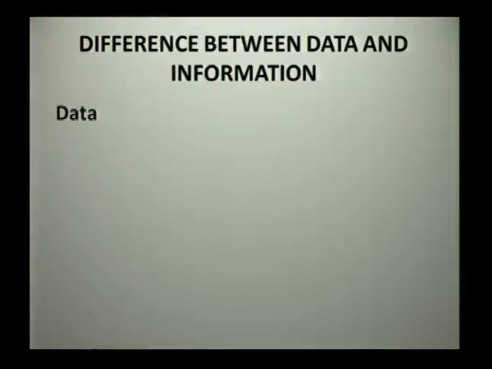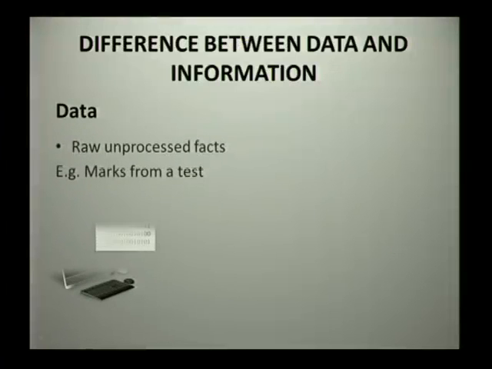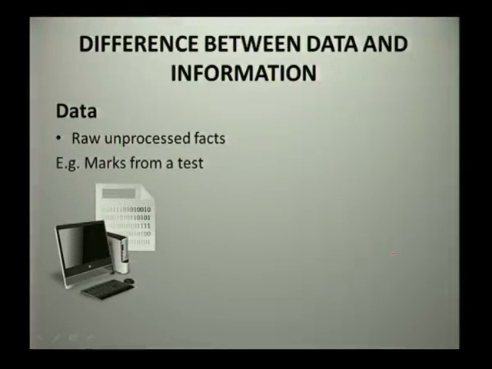Now I'm going to use that example to explain what is the difference between data and information. Data is raw and unprocessed facts. Take note, raw. For example, your marks. Just a mark on its own is just raw, not processed yet to be a term mark or to be an exam mark.